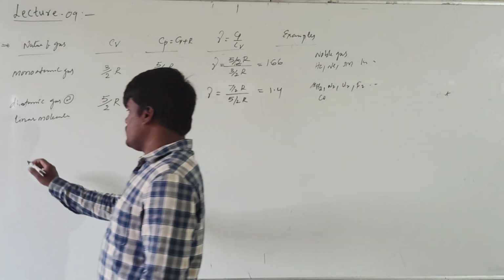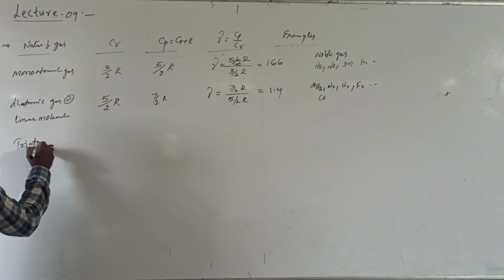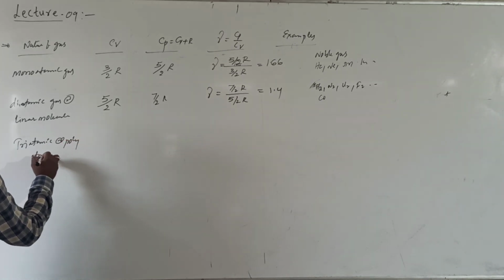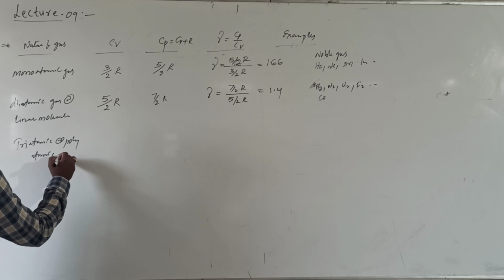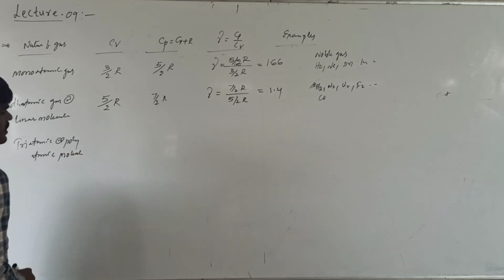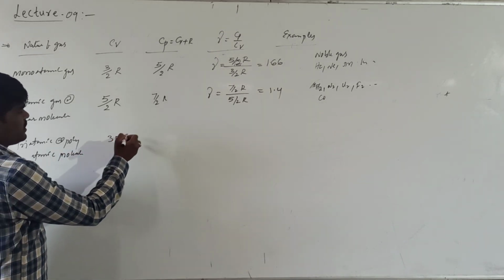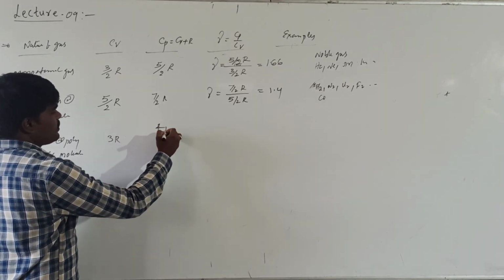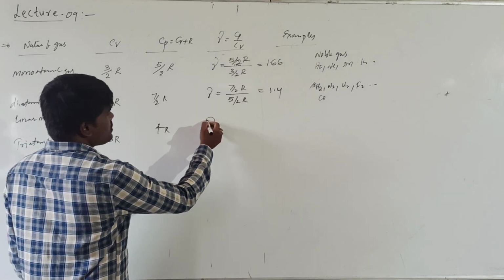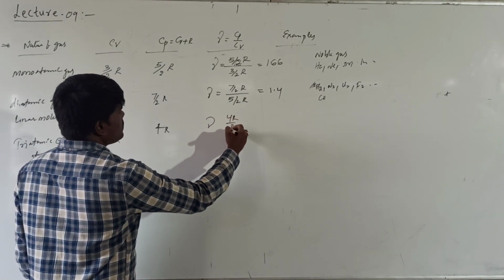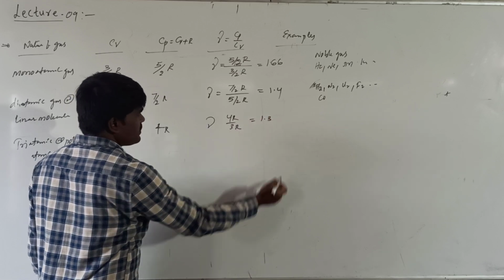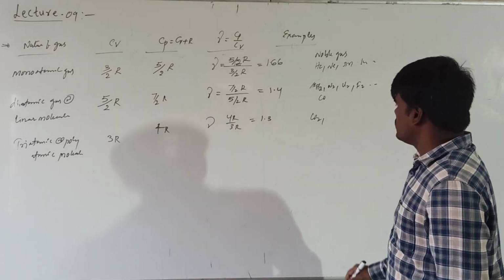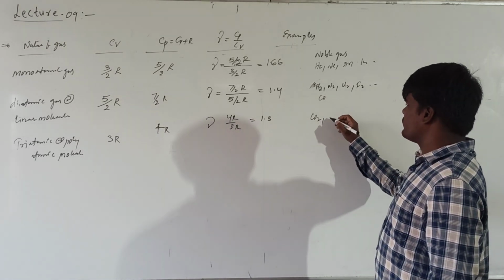And for triatomic or polyatomic gaseous molecules, Cv will be equal to 3R and Cp will be equal to 4R, so gamma is 4R upon 3R, which will be equal to 1.3. The examples can be CO2, or various others such as NH3.